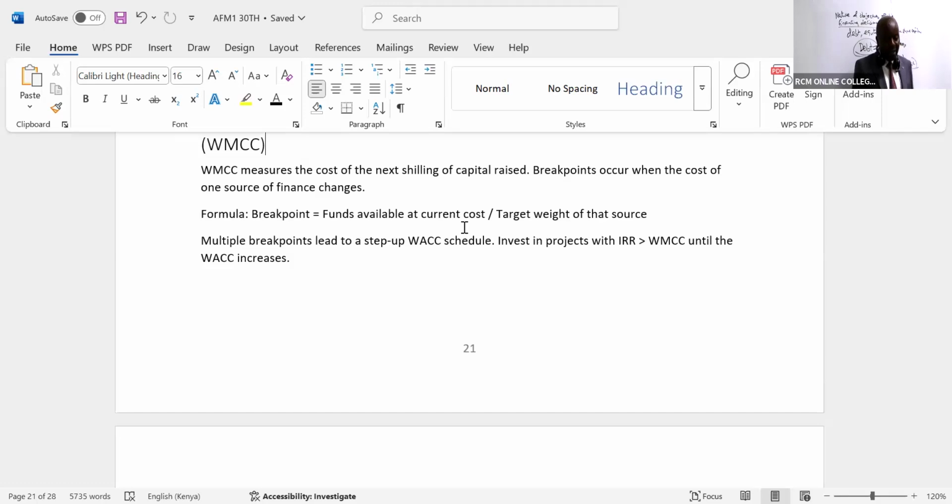Breakpoints occur when the cost of one source of finance changes.